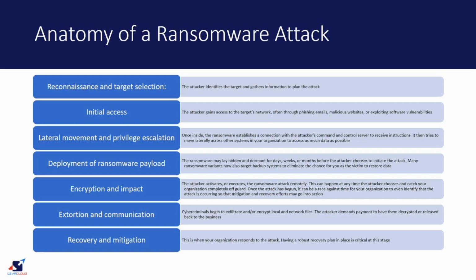And that can happen through a few different mechanisms. It can be from a phishing email, a malicious site that a user accesses, or even through vulnerable software in the environment. Once the threat actor has gained access to the environment, their goal at that point is to move laterally through it and escalate their privileges.